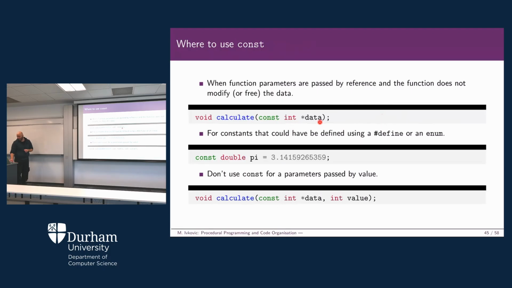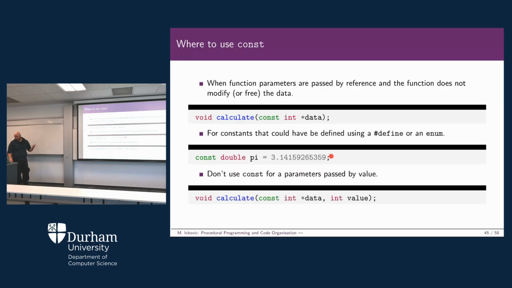So if we have a reference or a pointer as an argument in a function, and we declare that one const, it means that we will never modify it again. So it is going to be a read-only variable, and not the pointer itself, but the value that the pointer is pointing to, right? So the memory the pointer is pointing to. I'm not going to modify this memory, I'm only going to read it.